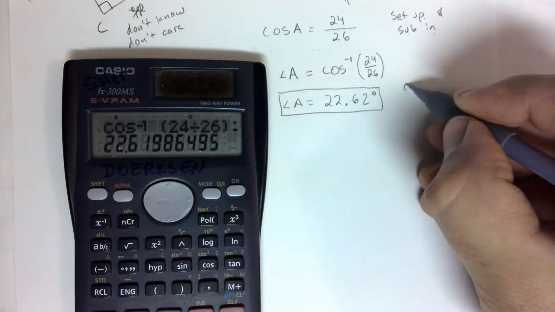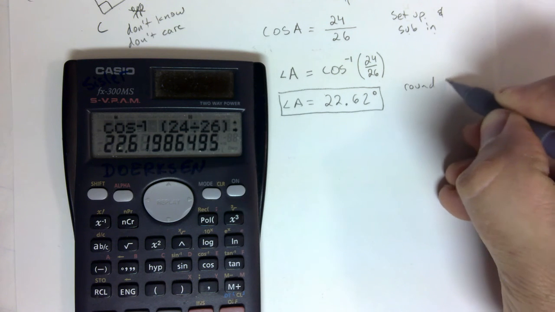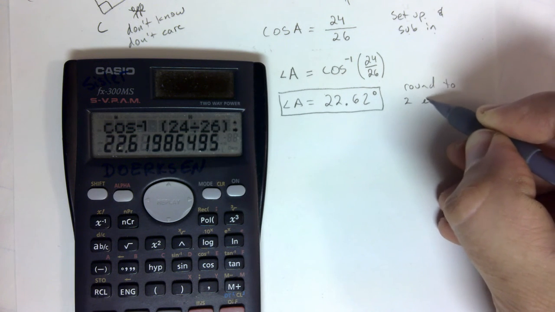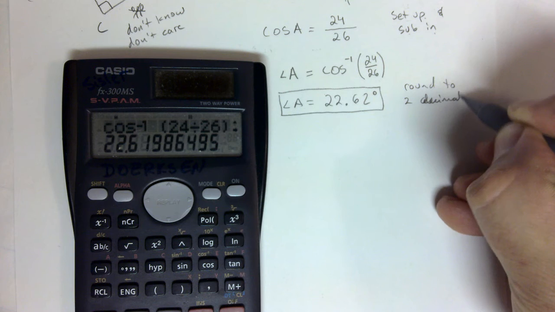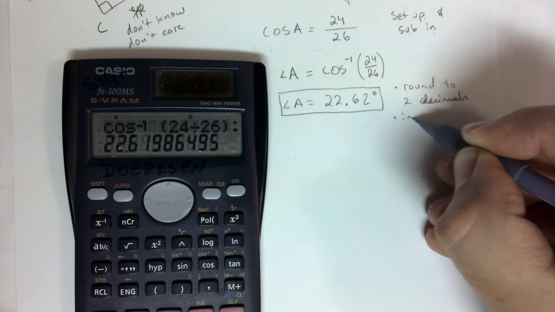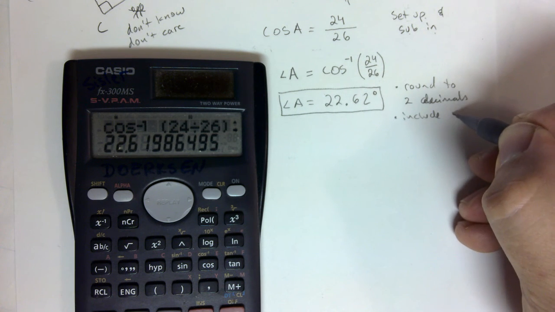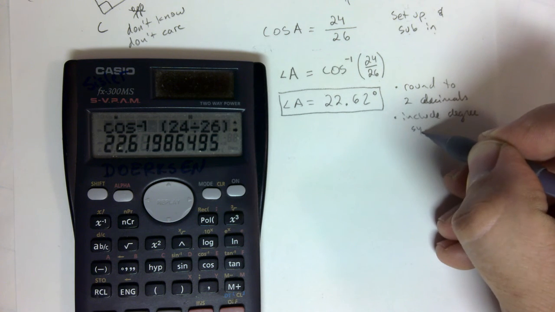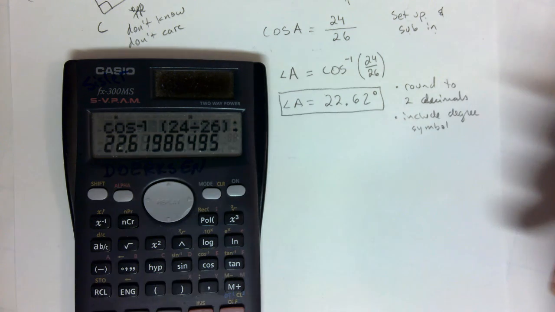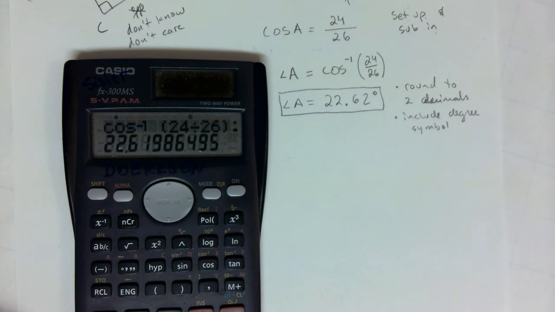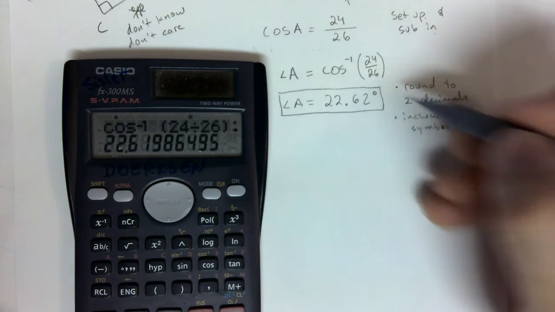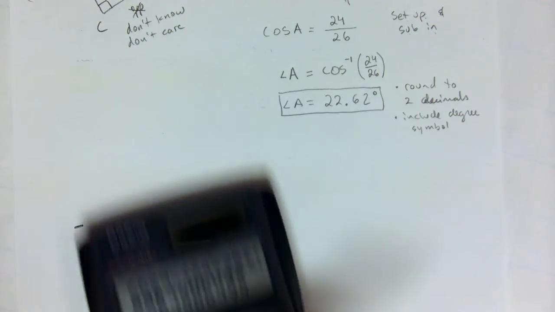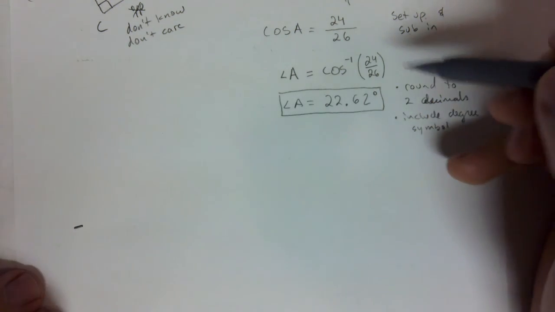Always round to 2 decimals, right? Include the degree symbol. Okay, when you do inverse, you need a degree symbol because you're finding the angle. And I will tell you this.